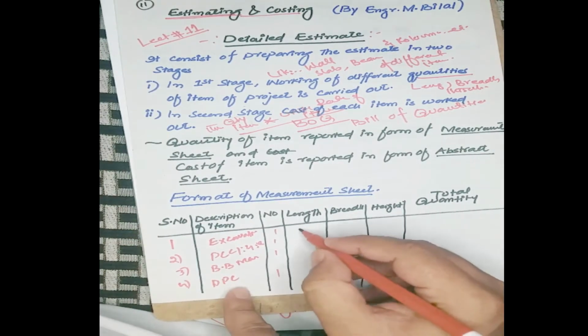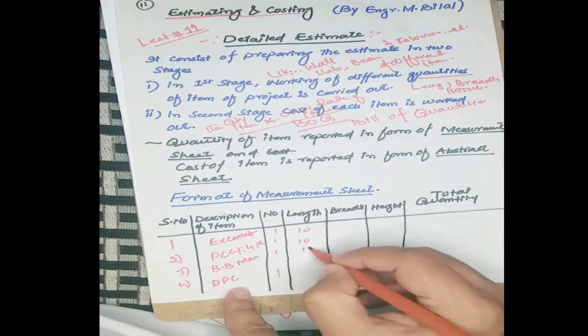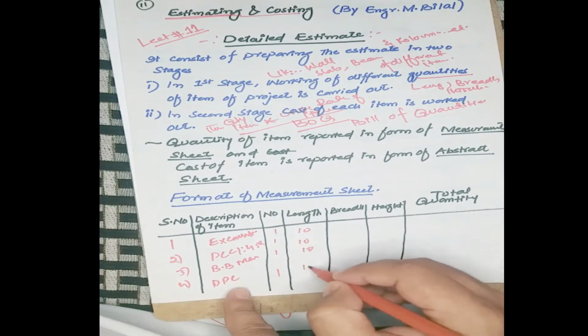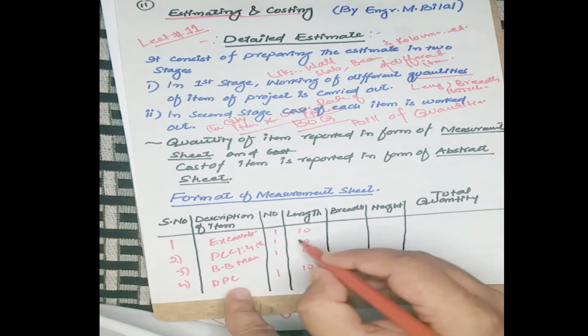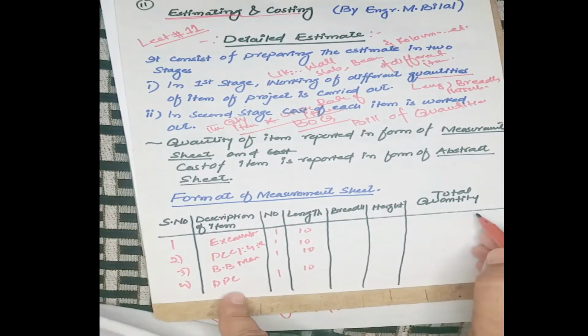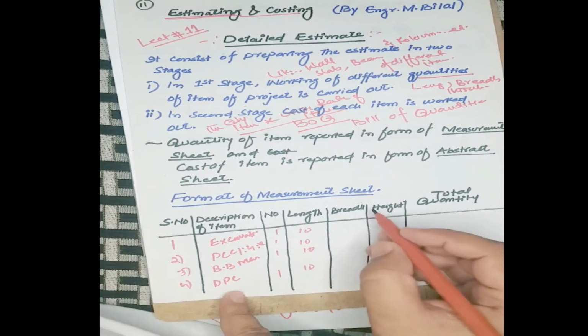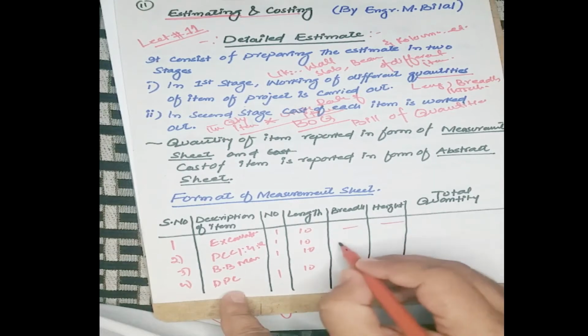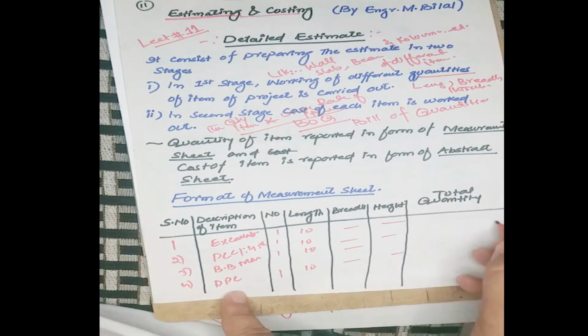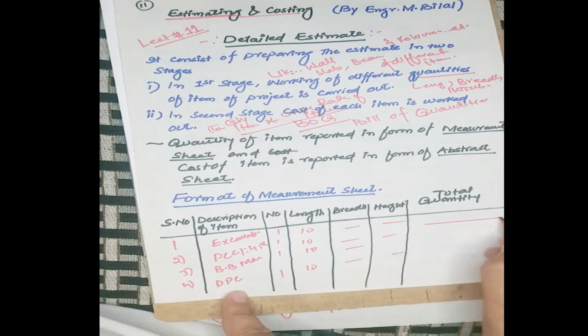1111. Its length 10 and 10. This is just for supposition. Then width, height for an individual, and the total quantity.